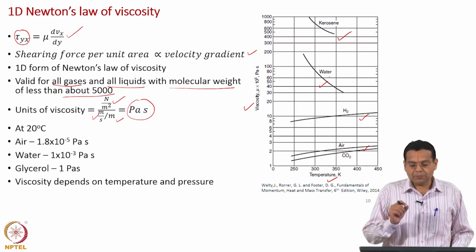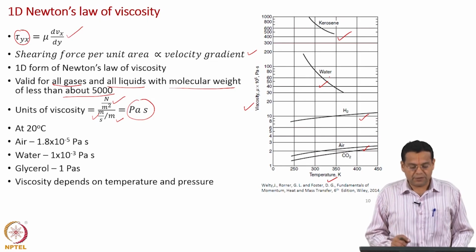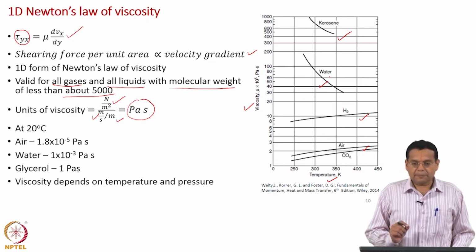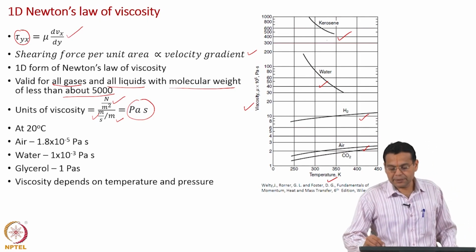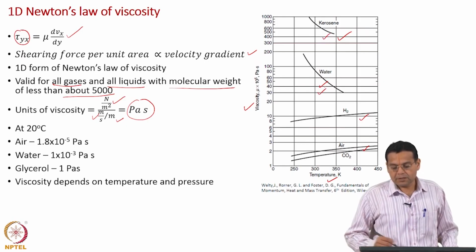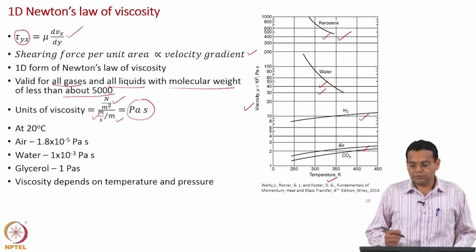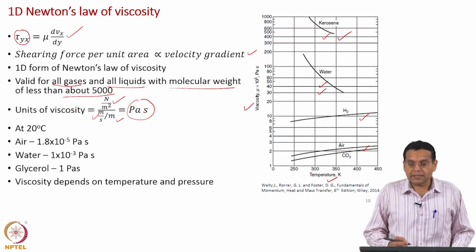So, whenever we look up a value for viscosity, we should be careful about the temperature. Look at the steep decrease in viscosity for liquids. So, we should pay attention to the temperature at which we are taking the viscosity data.